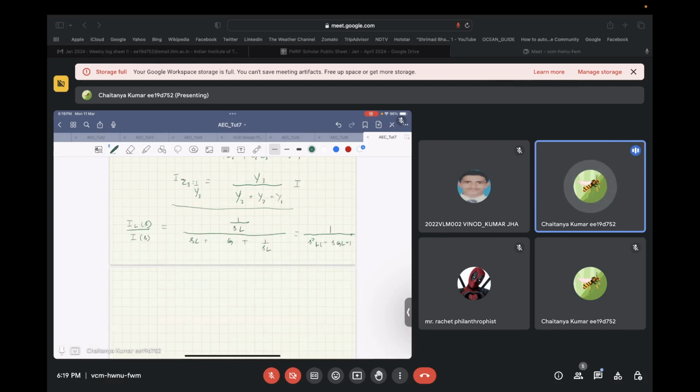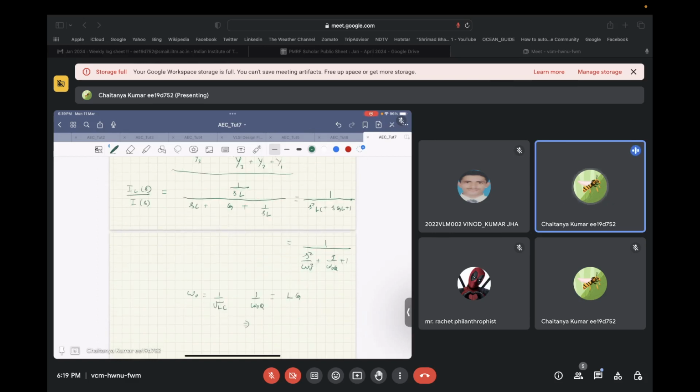So now again we will compare it with the standard second order transfer function. The standard second order transfer function looks as follows: s² over ω₀² plus s over ω₀Q plus 1. So ω₀ is again 1 upon root LC, and 1 upon ω₀Q is equal to LG.